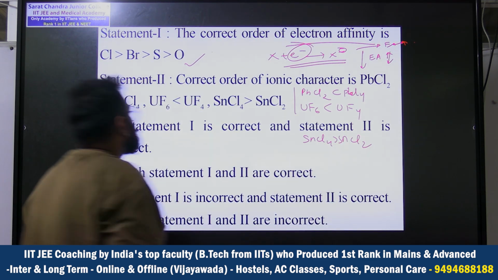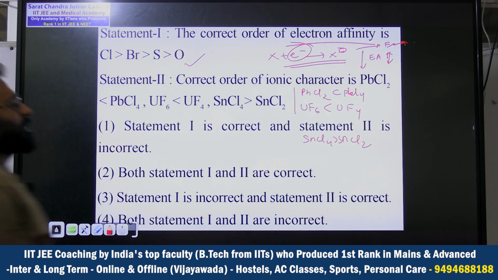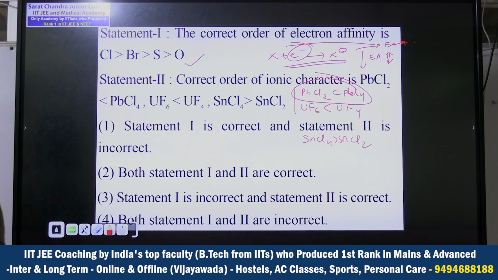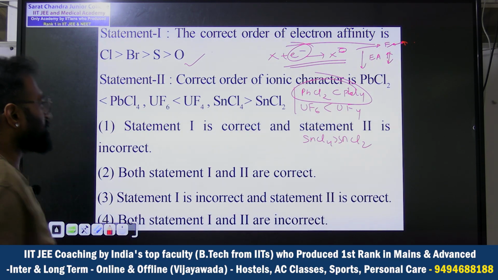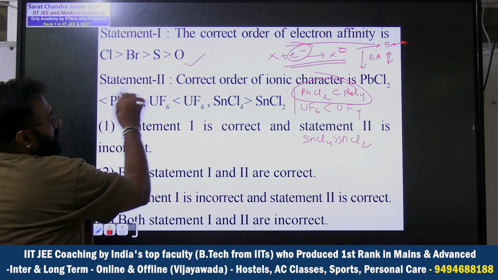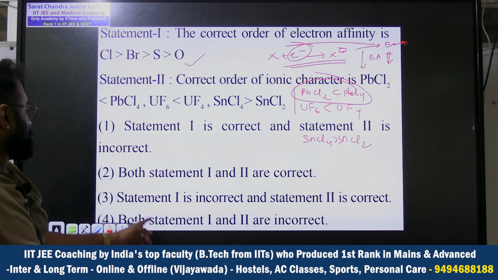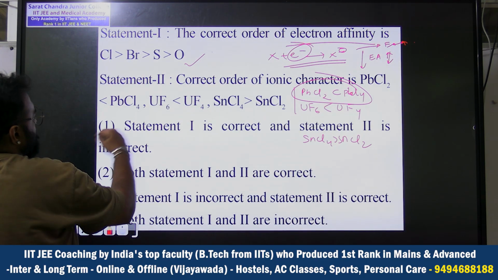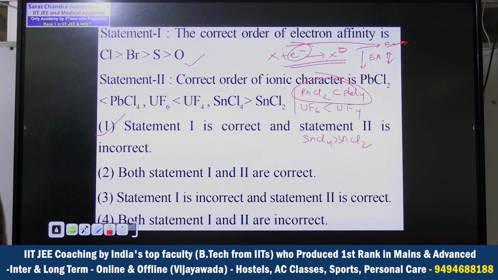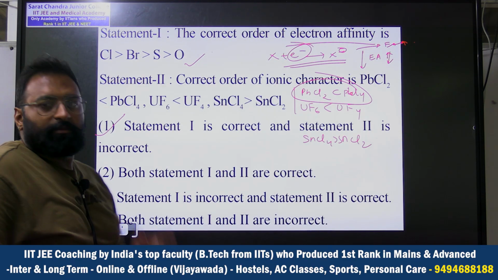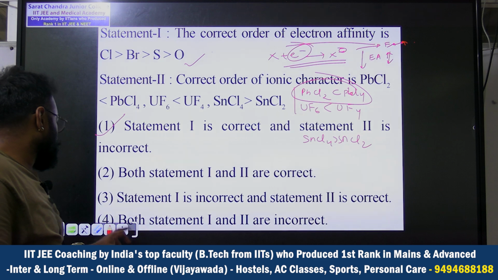So this is incorrect, because the order of PbCl2 and PbCl4 will be reverse. So statement 2 is false. Statement 1 is correct. Statement 2 is incorrect. Option number 4 will be the correct option.